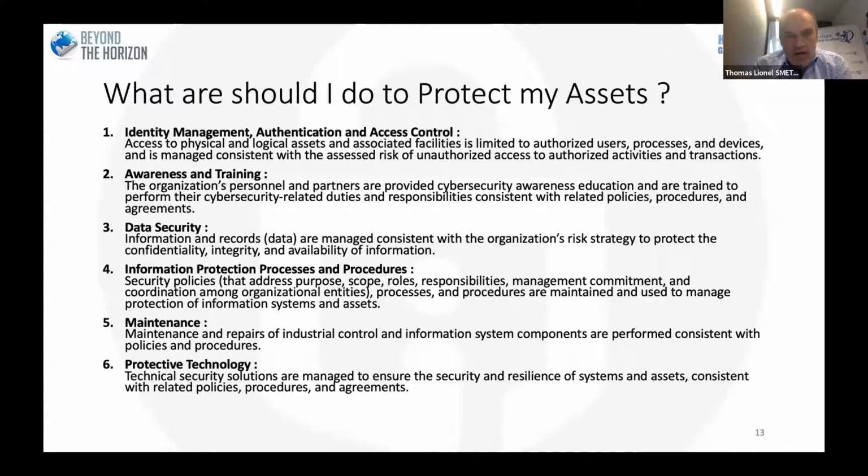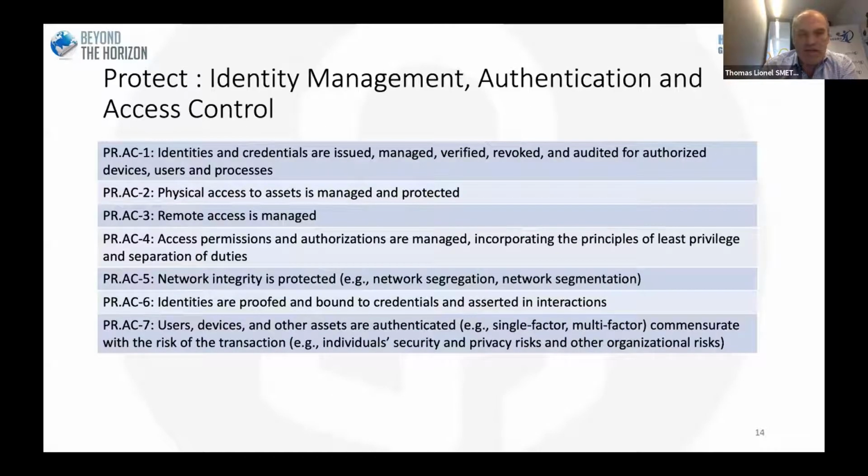So I will quickly go over it. For the protection of the assets they propose 6 big guidelines. So ensuring proper identity management, authentication, access control. It's very broad, but then if you look, they go into much more detail. Again, the point is not to go over all of those.